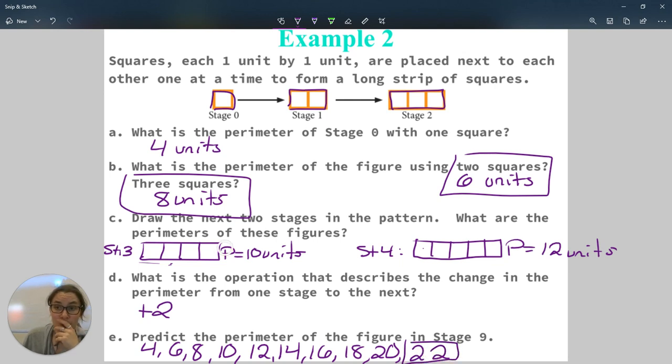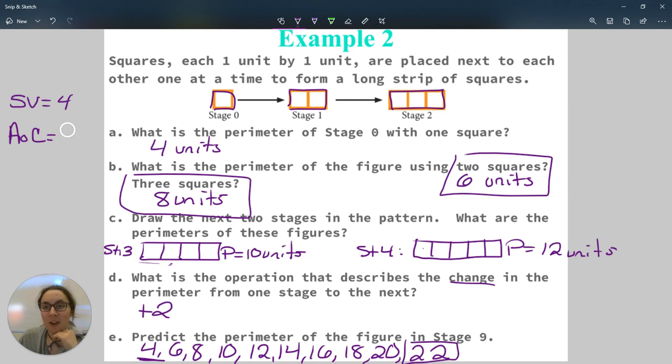Now, here's the thing. Remember in example 1 when I said this first term is a bit like our start value, and the operation that describes the change in the perimeter from one stage to the next is a bit like our amount of change?